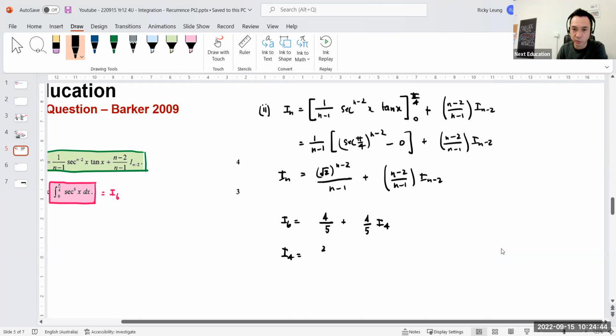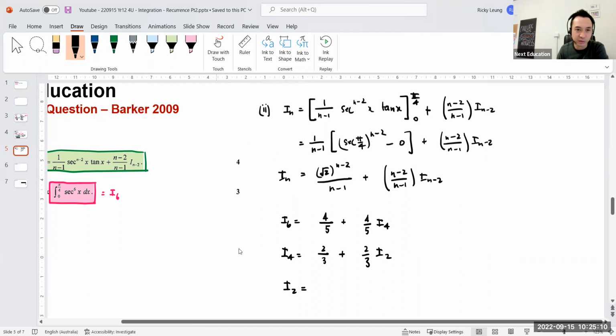So that's 2 on 3 plus 2 on 3. Is that 2 though? I think so. 2 on 3. Just looking at it. Yeah, okay, cool. I_2, great. Let's see if I get the same answer. I'm doing it a slightly different way to the answers, but let's go.